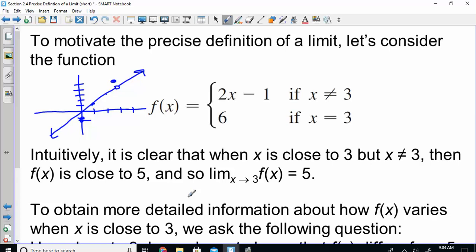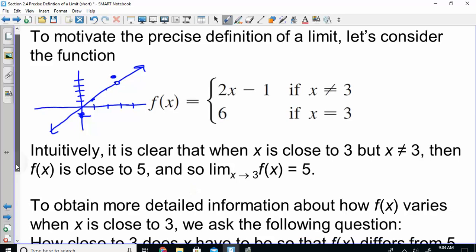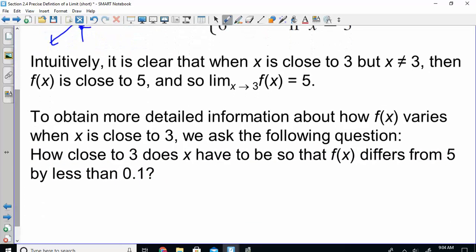And I've told you a limit doesn't care what happens at the point, just as we get close to it. So if I really wanted to be a little more precise about what's going on with my function, we could ask ourselves, how close to 3 does x have to be so that f of x, or the y, differs from 5 by less than 1/10?